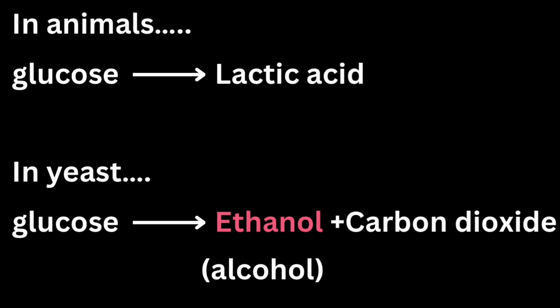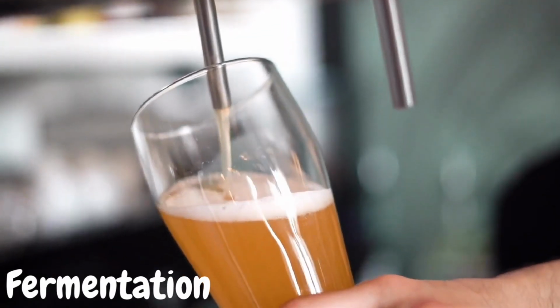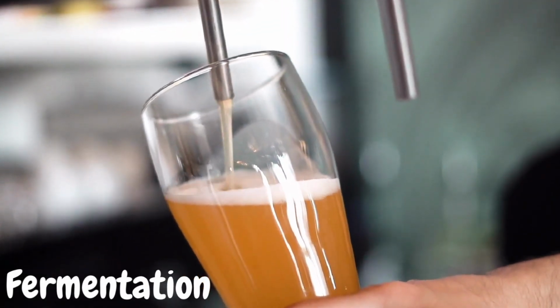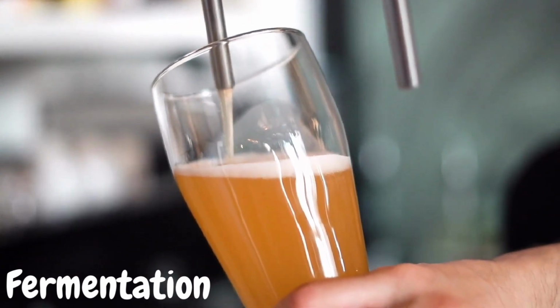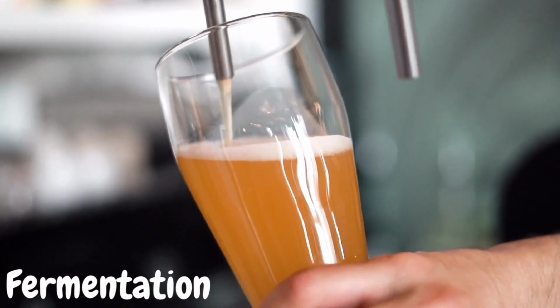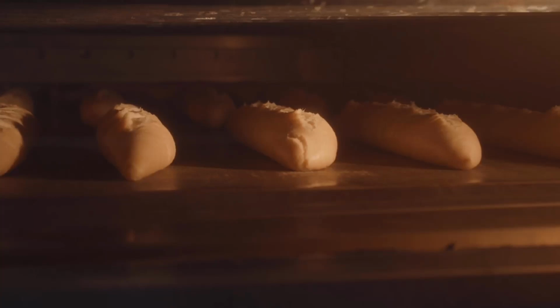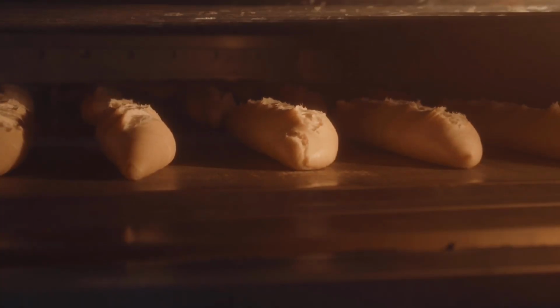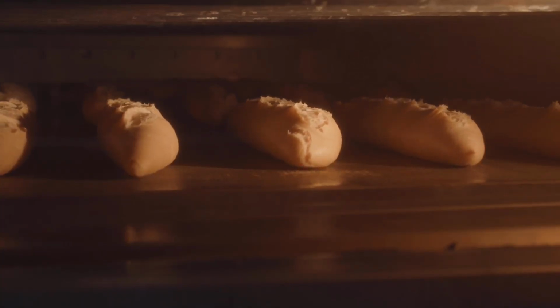And you might know that ethanol is actually alcohol. So we use yeast and make them do anaerobic respiration so that we can make alcohol, and this is how we make beer. Yeast are also used in bread making. When they carry out anaerobic respiration, this produces bubbles of carbon dioxide, and it's this that makes the bread rise.